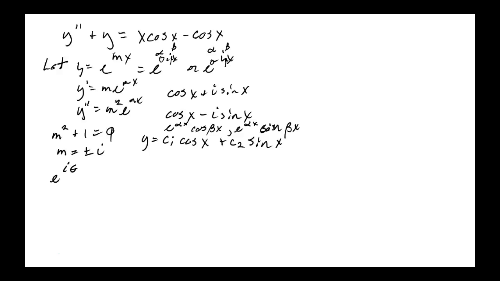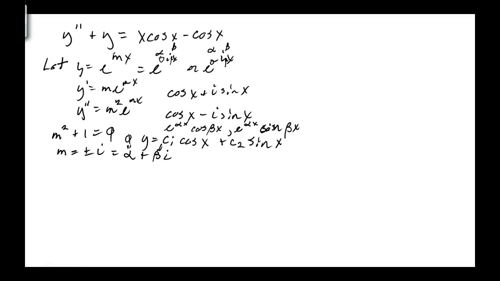Once you have this, M is equal to I, this will be alpha plus beta I, and your alpha here is 0, your beta here is 1. So that's where it would have been the easiest place to do it. And so you don't need e to the I theta. That's going too far back.